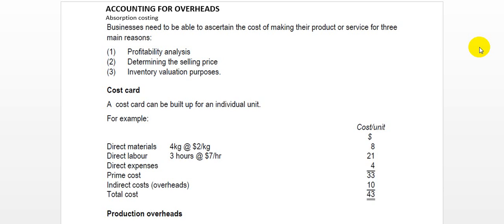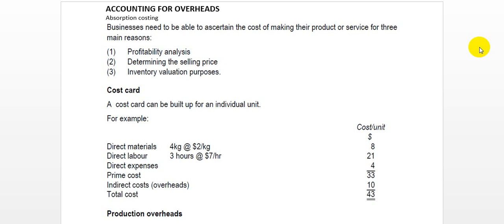Then you need the material. The material also on the cost card, you're going to record how much material is required to go into this product. So for example, if 1 unit of a product requires 4 kgs of material, you're going to record 4 kgs of material. Then how much did you buy a kg of this material?